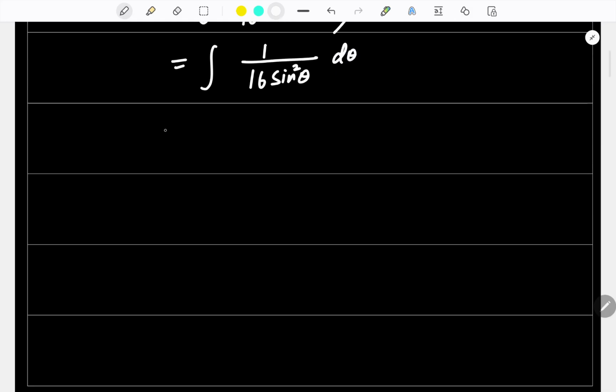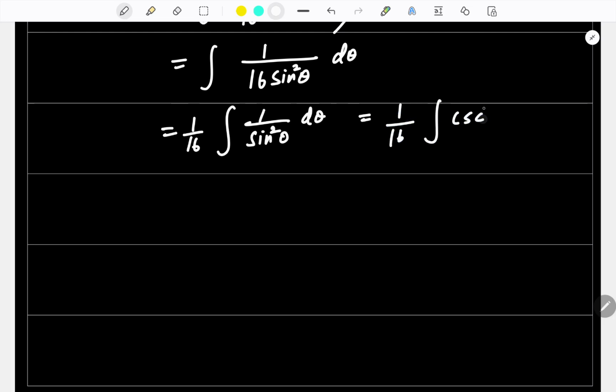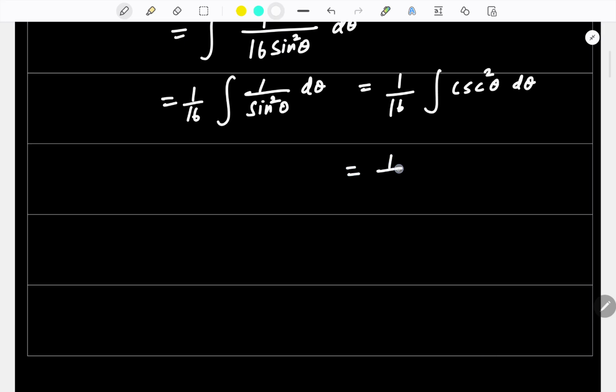So 1 by 16 will be out. Integral 1 by sine square theta d theta. What is 1 by sine square theta? Which is cosecant square theta d theta. What is the integral of cosecant square theta? Differential of cot theta is equal to what? Minus cosecant square theta.